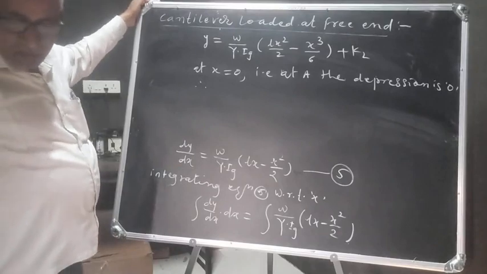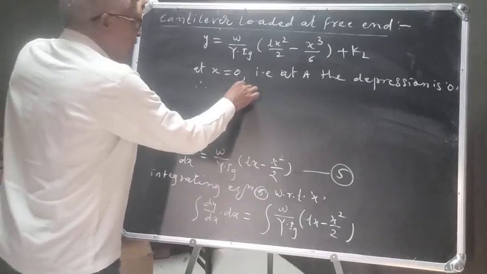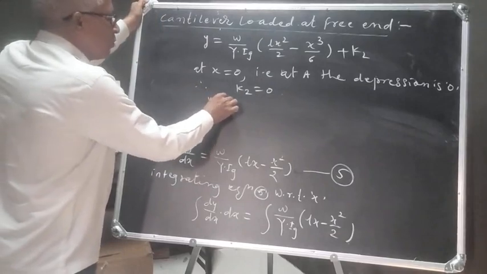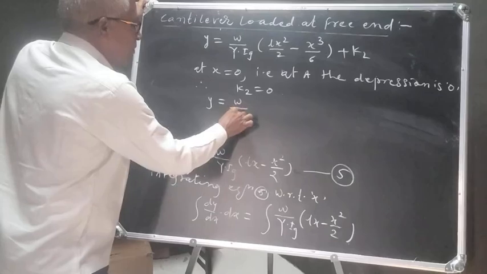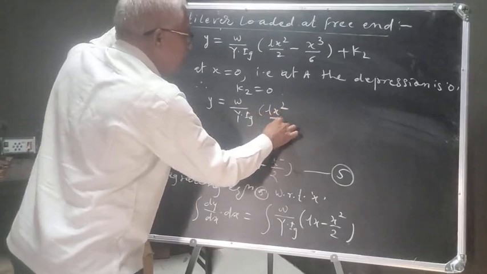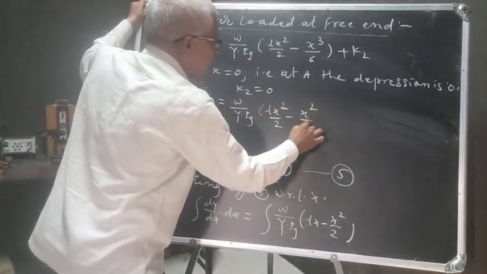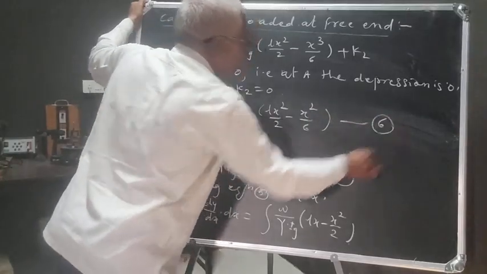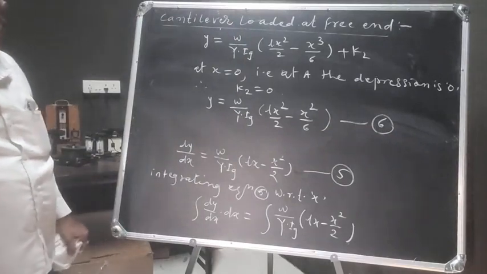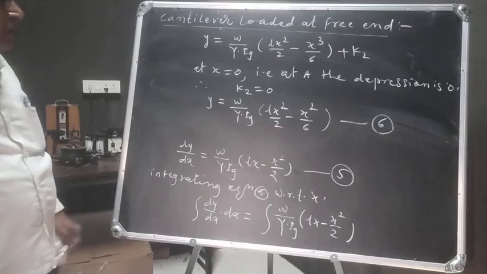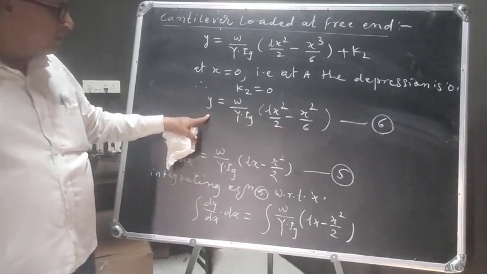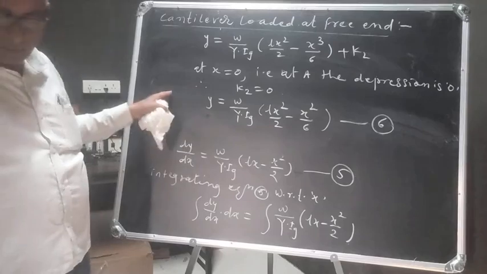Now this equation becomes y equals W upon Y into Iz, into (Lx square by 2 minus x cube by 6). This is equation number 6, and this is the equation of depression at distance x from A.